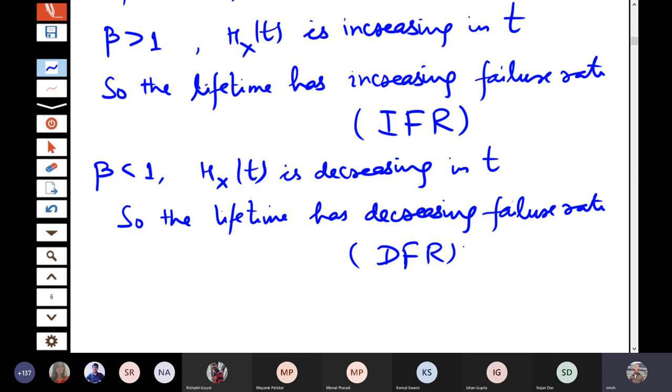So now when we are discussing the reliability of a system, the system is not one thing. I mean, it is not one part or something like that. Actually, if you look at any complex system or any manufacturing system or any engineering system, it has many components.